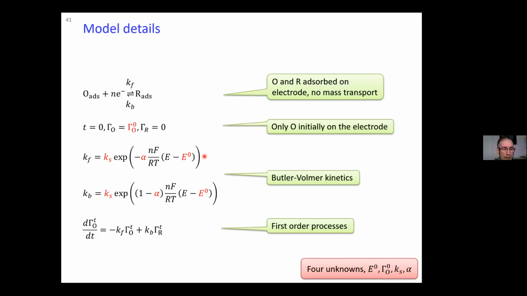And we have gone through the mathematics and solved the equations, and the objective is to see if we can use sample current voltammetry to derive the 4 unknowns highlighted in red, which are the standard potential, the initial coverage of the species, the rate constant for electron transfer, and the transfer coefficient.